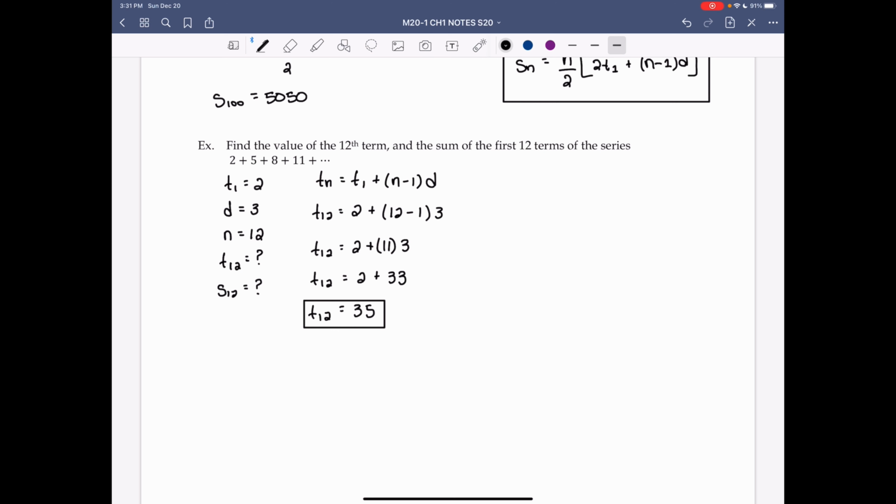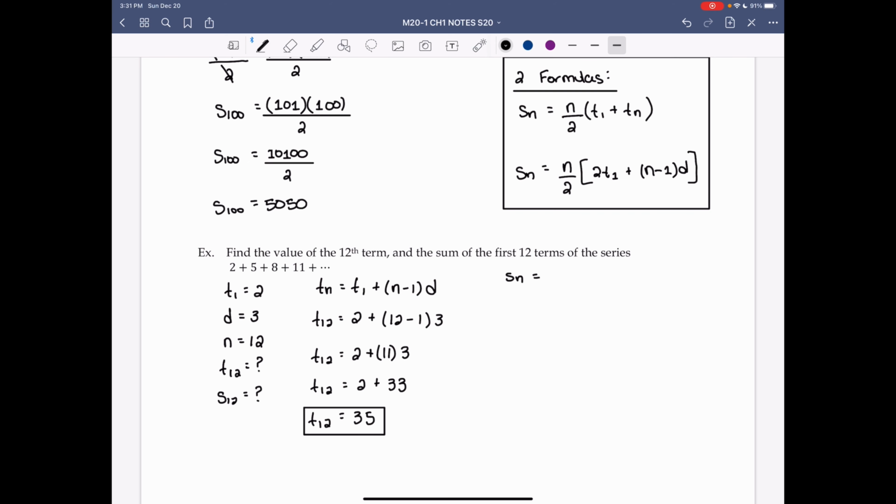Next, we want the sum of the first 12 terms. So Sn, use the formula that has T1 and Tn because we know Tn. We just determined that, it's 35. So we can use that formula. So Sn equals n over 2 times T1 plus Tn.